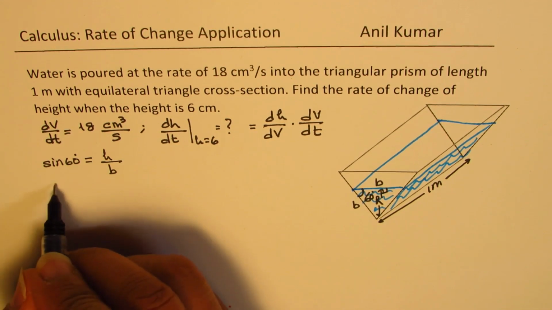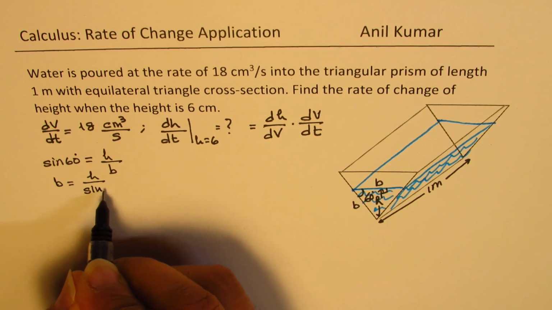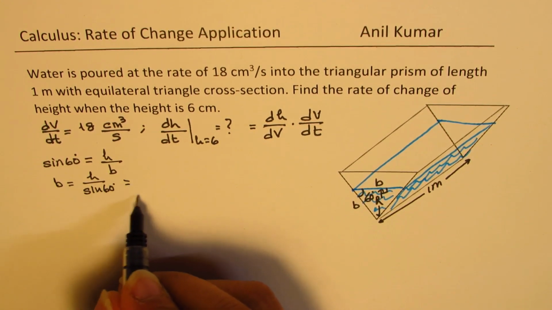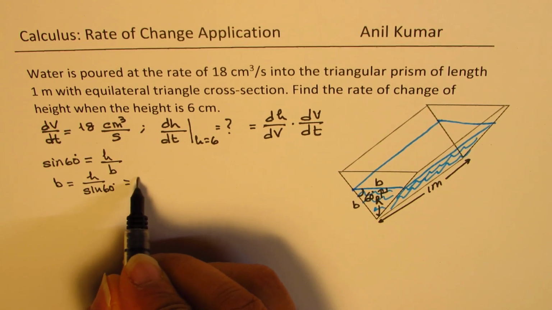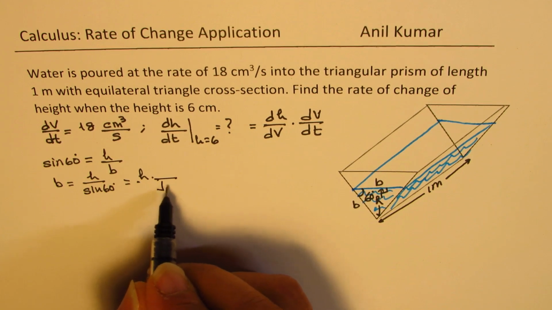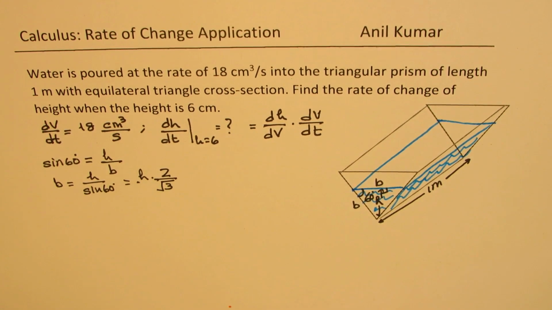So b is equal to h over sine 60. For a 60 degree triangle, square root 3 over 2 is the value. So we get height times 2 over square root 3. So that becomes the base.